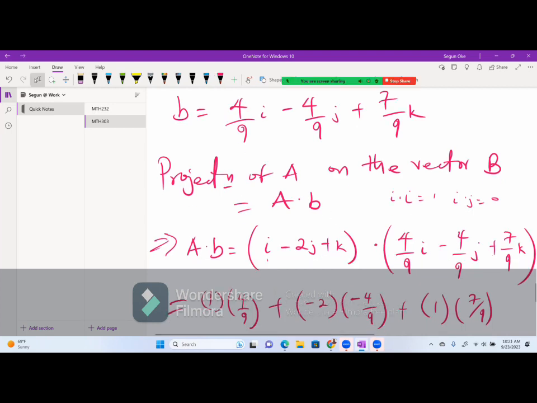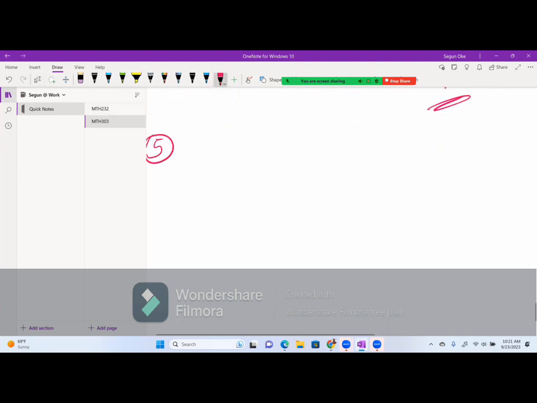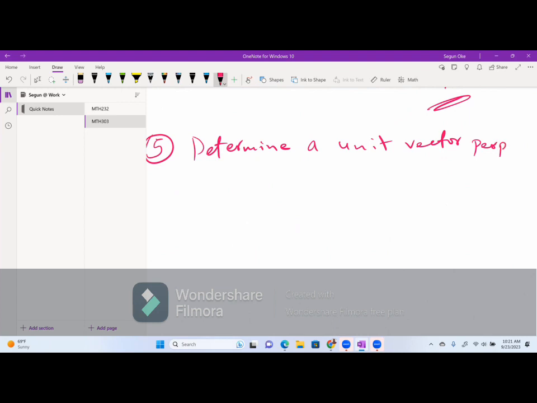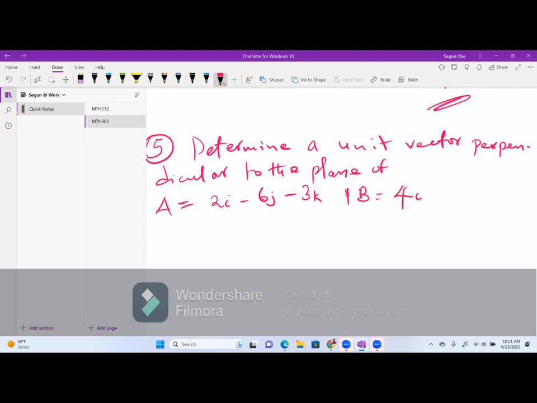If the question gives you something like this: determine a unit vector perpendicular to the plane of A equals 2I minus 6J minus 3K, and B equals 4I plus 3J minus K.